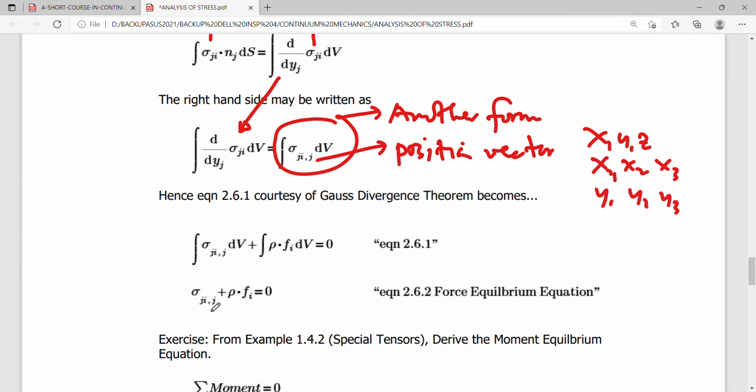Hence, sigma ji comma j plus rho fi will now be equal to 0. And this, again, I'd just like to take note that this is simply equal to the partial derivative of sigma ji with respect to xj. Okay, xj is simply xyz, x1, x2, x3, or y1, y2, y3. Or you can take the full partial derivative.